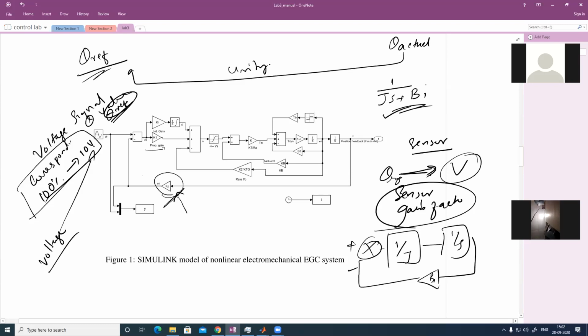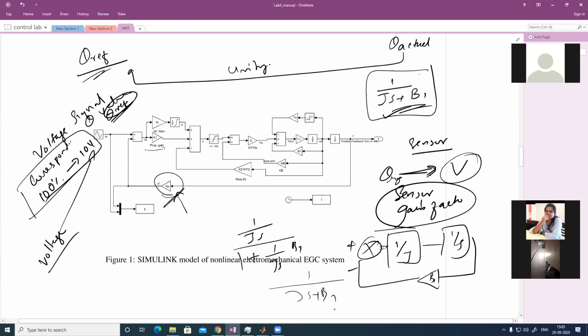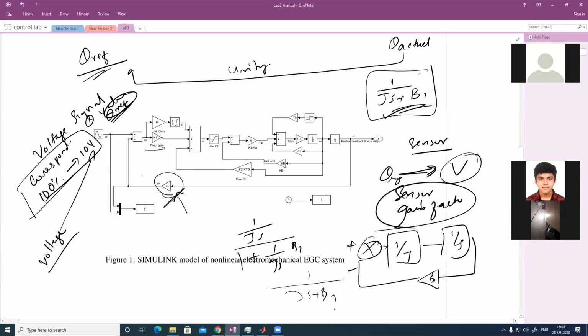So that change is also done. 1 by J is taken as a gain and an integrator, then the B1. Earlier you used this transfer function, and both are the same. This is 1 by Js, and with the 1 by Js into B1 feedback it is the same as the earlier 1 by Js plus B1. Okay.